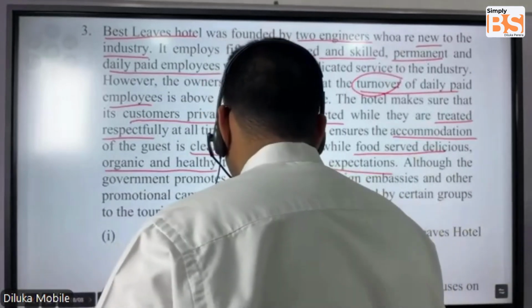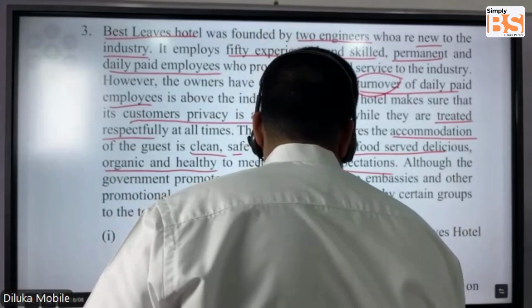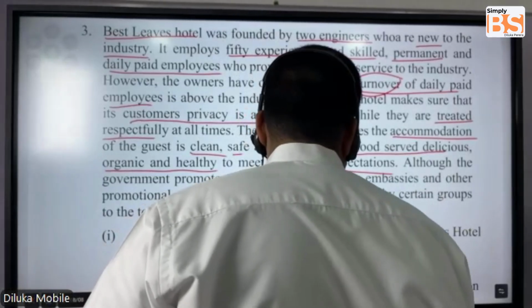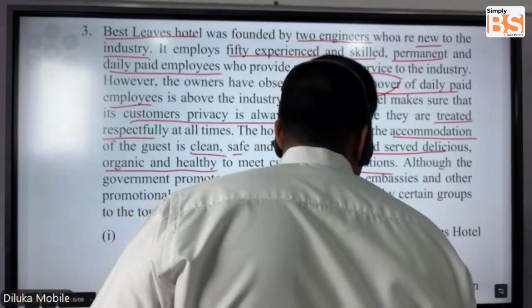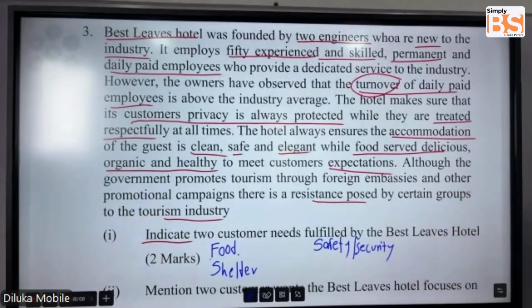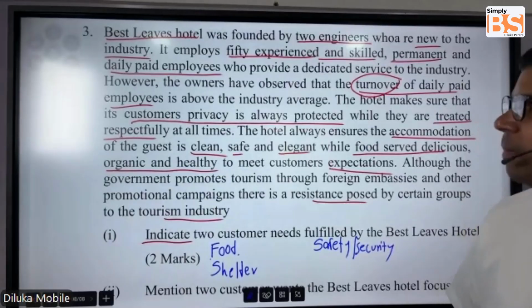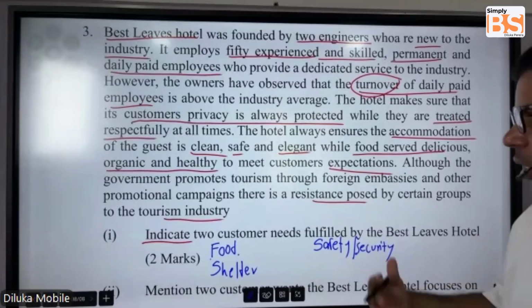You can say safety or security. So these are the different types of needs that I could pick from the description. They have asked you to give two, but I have given you three. Okay, fine. So we'll move on to the next question.